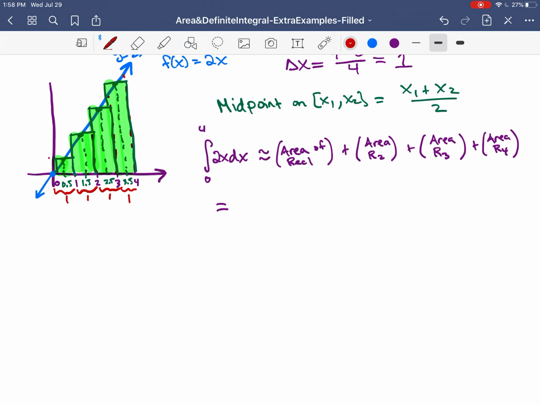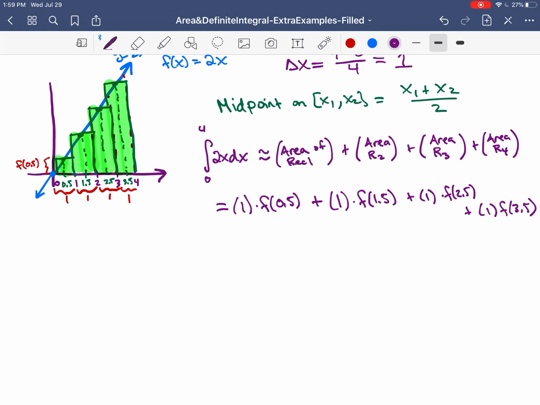The height of the first rectangle is the f value evaluated at the x value of 0.5. So we're going to do the width times the height, which for the first one is 1 times f of 0.5. Then for the second one we're using 1.5 as our midpoint. Then we're going to have 1 times f of 2.5 plus 1 times f of 3.5.